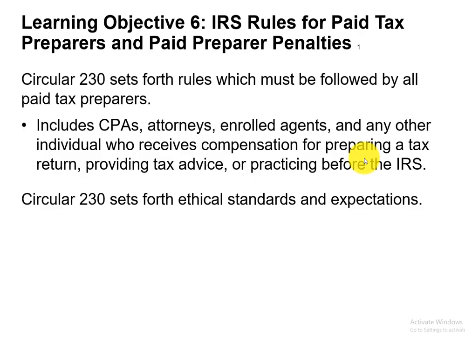It applies to anyone who's paid for preparing tax returns or providing tax advice, or as we call it, practicing before the IRS, meaning the person got audited or something challenged on their return, and they would like someone to represent them, which is a good idea, not required, but a good idea to have someone who understands the process to be able to represent you before the IRS.